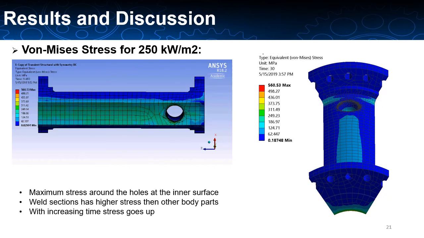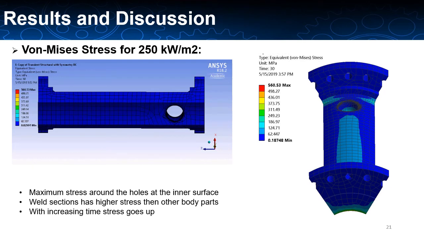The simulation shows the same thing as well. We have the maximum stress concentration in the corners of the holes. It makes sense because the hole area has the minimum material of all the other areas.